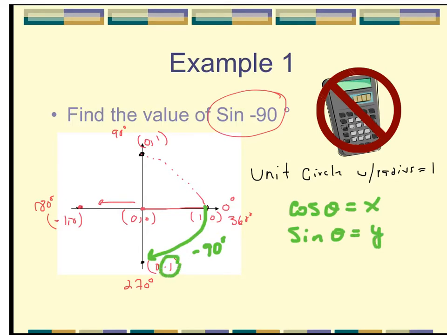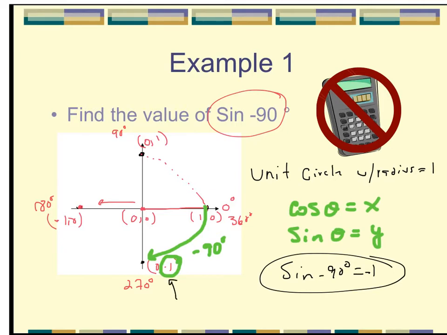So I know that my y value is negative 1. So sine of negative 90 degrees is going to equal negative 1. Okay? So I use the y value at that rotation.